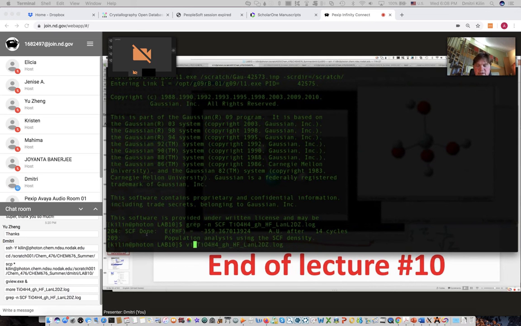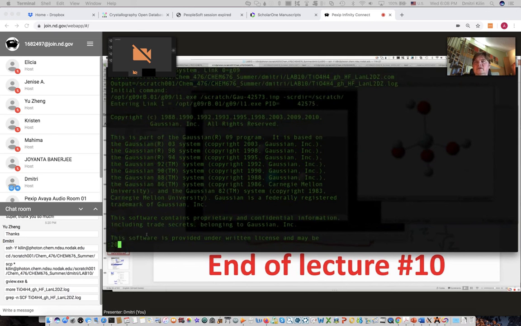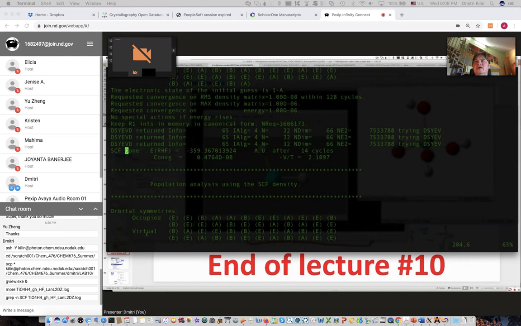In line 204, there is an SCF done, energy restricted Hartree-Fock. Restricted means we do not care much about spins. We know that in this system the number of spin up and spin down is fixed, and the energy is minus 359.36.